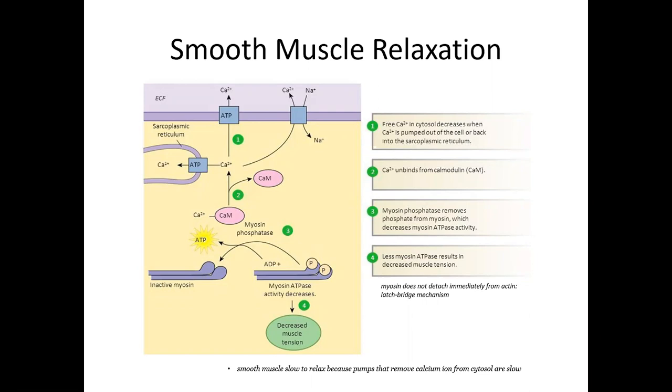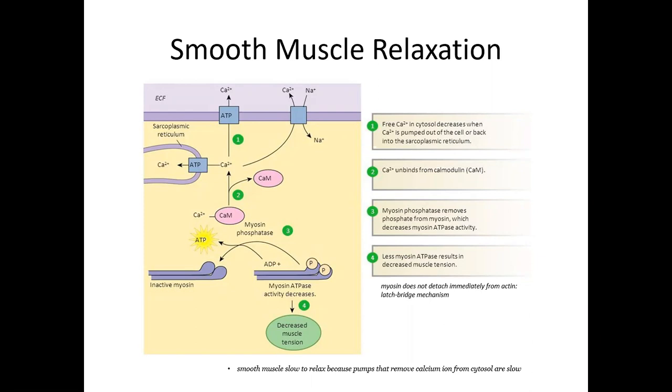So we'll take some ATP, send calcium out. We'll also send calcium out, bring some sodium in. We'll also send some calcium back into the sarcoplasmic reticulum, but it's not a fast process. And the second thing has to do with the myosin and its cross bridge.